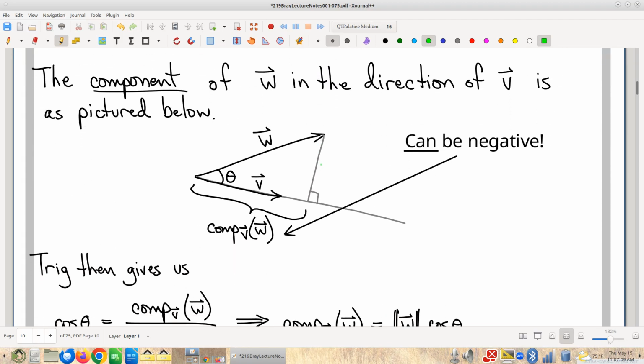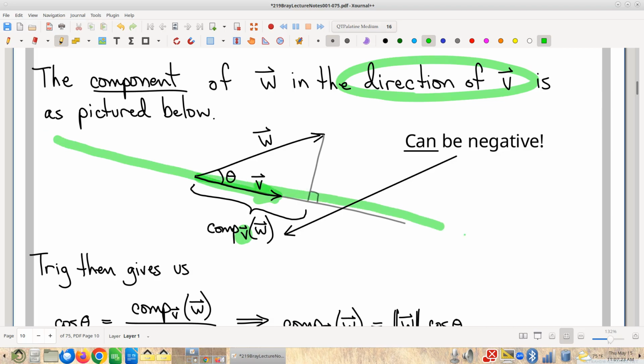Component is a little bit of a subtle idea. Here's the picture. If you have a vector v, this vector v defines a direction. And if you want to know what is the component of some other vector w, like so, the big idea then, before we get into the details, is look, I've got this vector w.